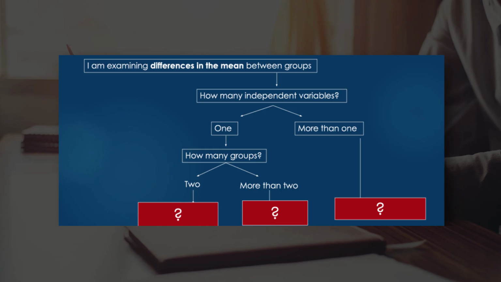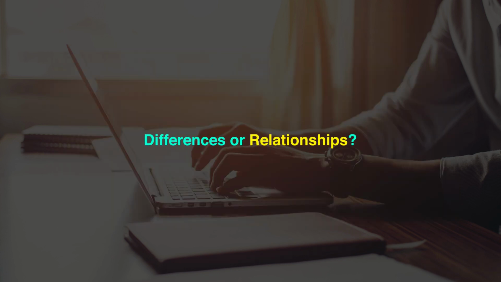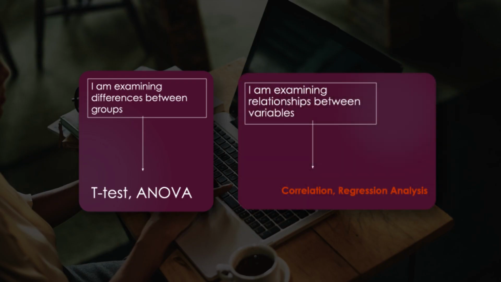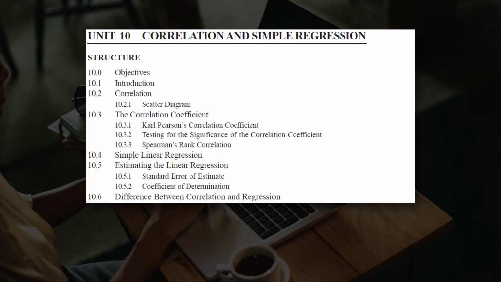When you examine the difference between the groups, you go for the t-test or ANOVA test. And when you examine the relationship between two variables, the role of correlation and regression analysis is very important. So we are here to talk more about the preamble part of correlation.